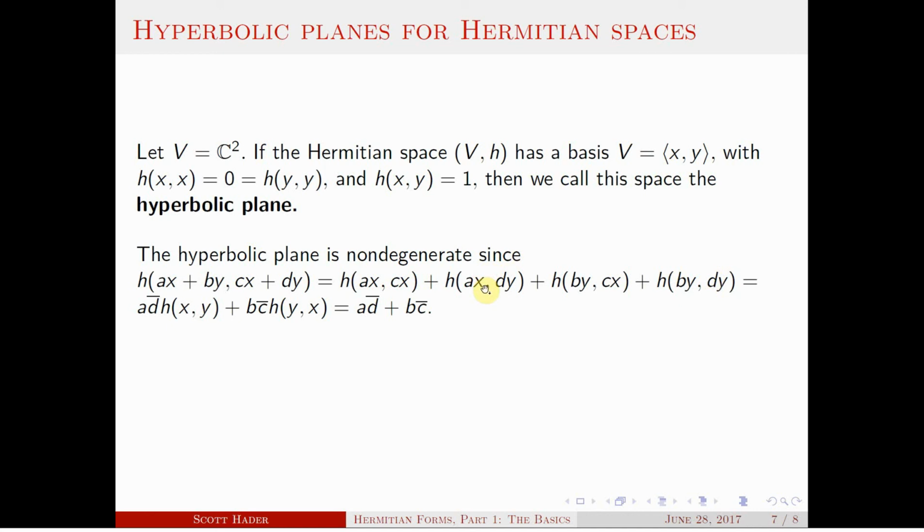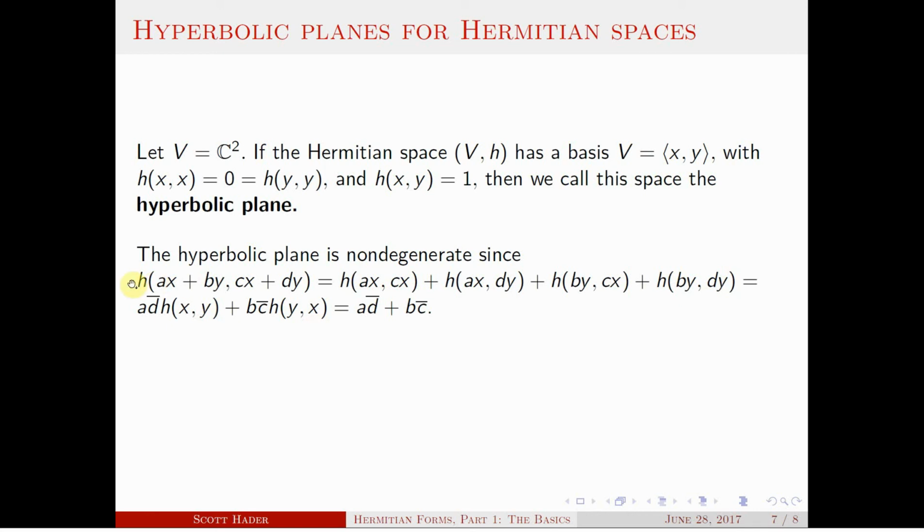And here we just pull out each constant, and we get this right here. And we know h of xy is 1, because that's how we defined it. And h of yx, that's also 1. Why is that 1? Because h of xy is the conjugate of h of yx, and the conjugate of 1 is just 1.